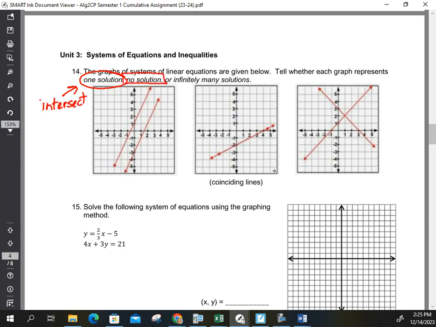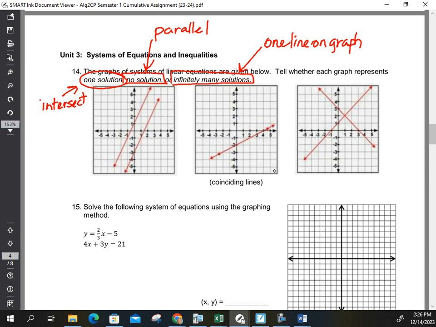No solution means that the lines are parallel. Infinitely many solutions, you have one line on the graph. So for 14, I kind of just told you how to figure out 14. Not simple, not that difficult.